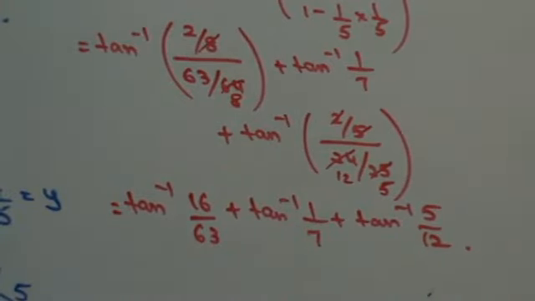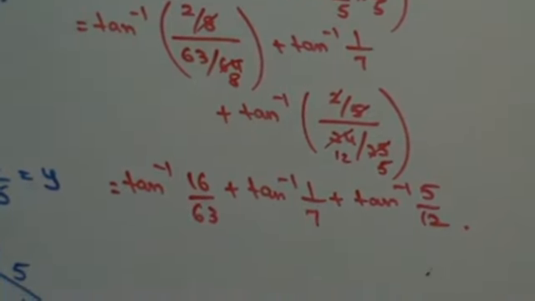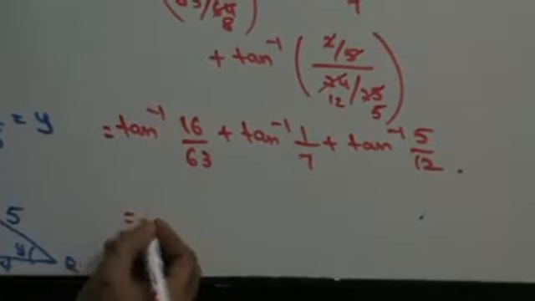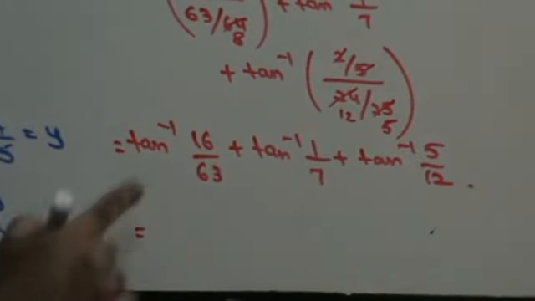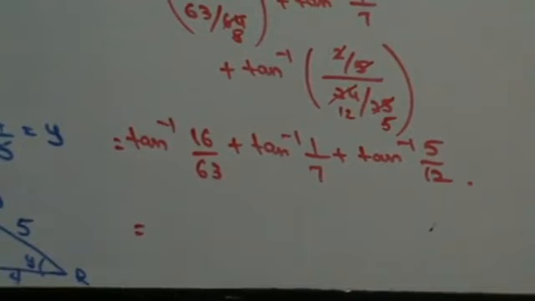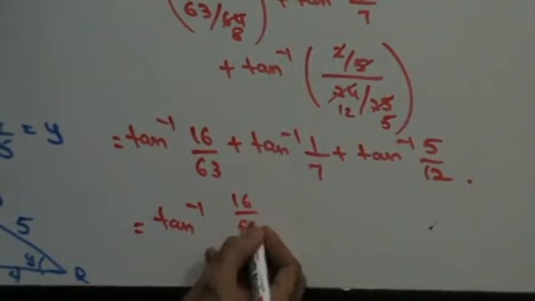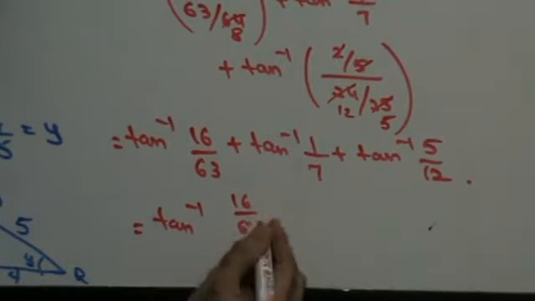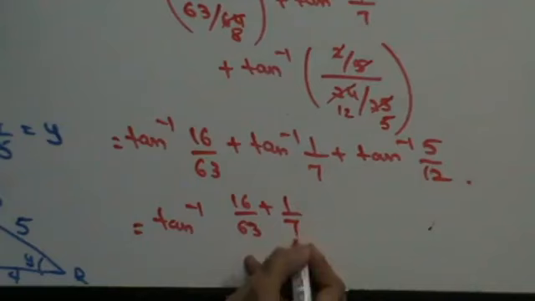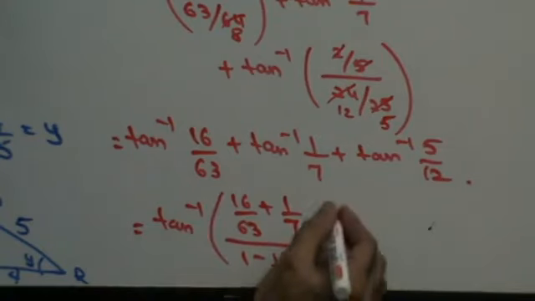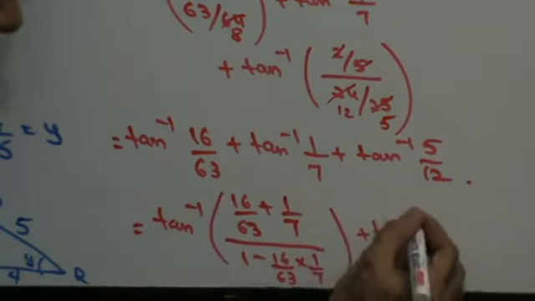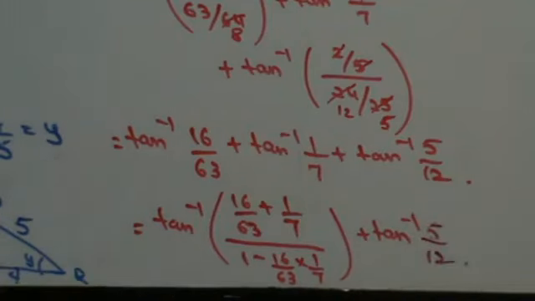Now this could be written as, let's see this. If I use the first two terms and apply the formula, tan inverse of A plus tan inverse of B is tan inverse of A plus B upon 1 minus A into B, plus tan inverse of 5 by 12.